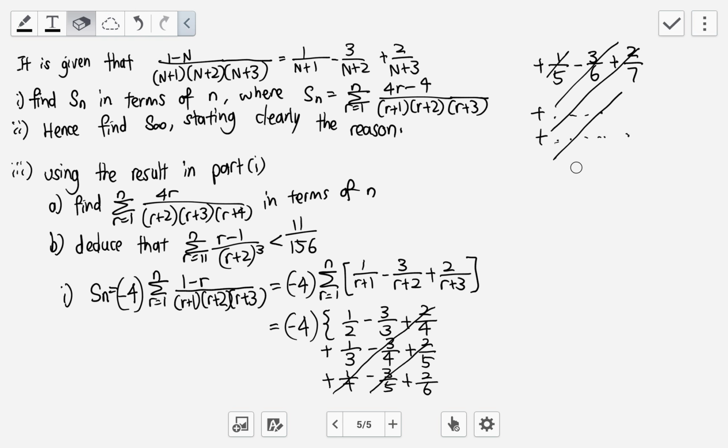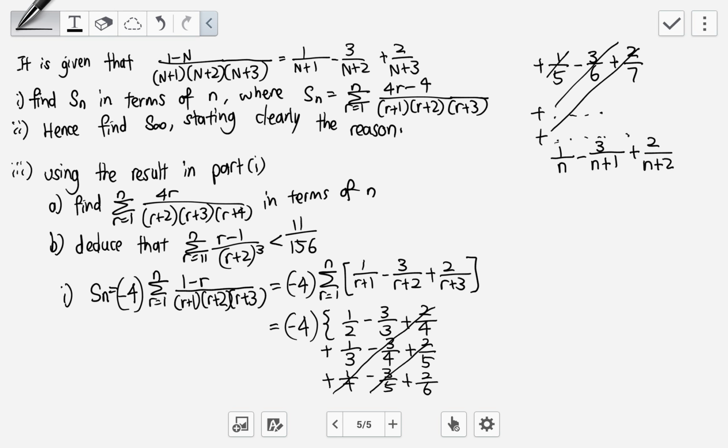I'll get 1 over n plus 1 minus 3 over n plus 2 plus 2 over n plus 3 for the n minus 1 term. Then the last term is of course 1 over n plus 1 minus 3 over n plus 2 plus 2 over n plus 3.